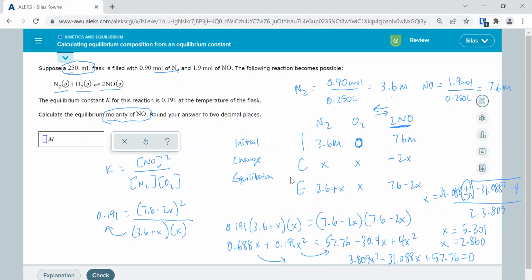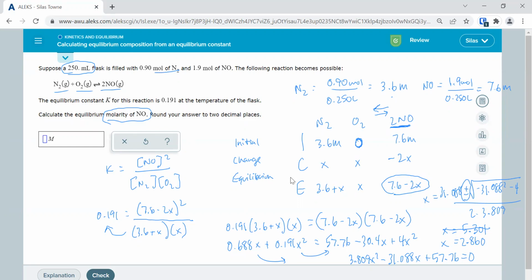In this case, it's 2.86, because if I subtracted 7.6 minus 2 times 5.301, about 10.6, I'd have a negative amount as my product here, and that isn't possible. I can't convert so much that I have a negative amount of product. So that one is not possible, so I'm going to use this 2.86 as my x.